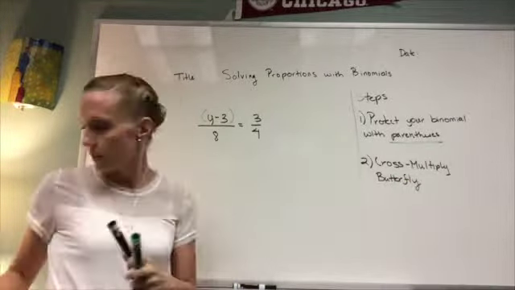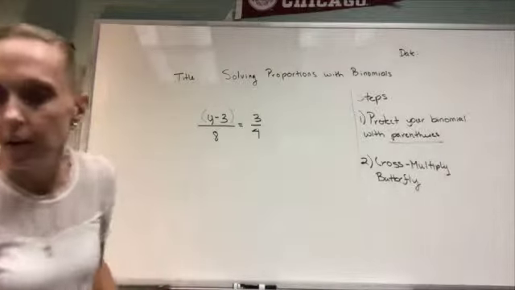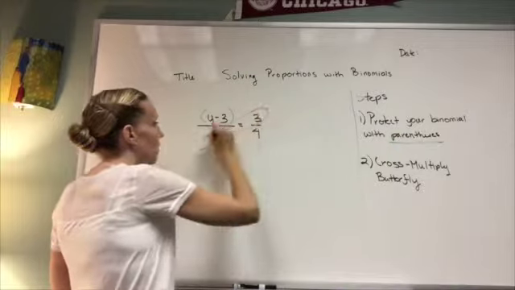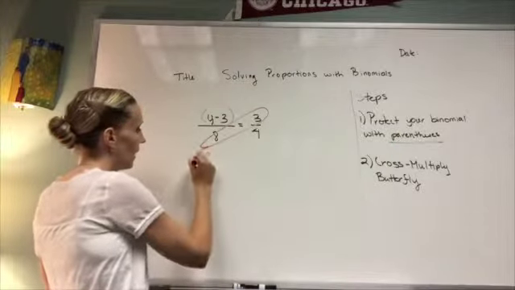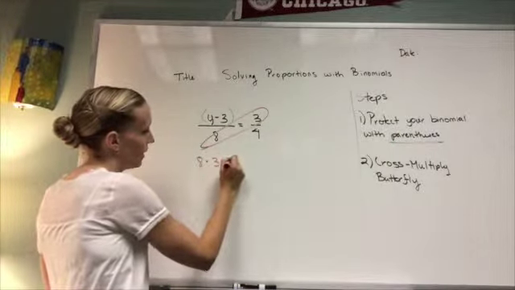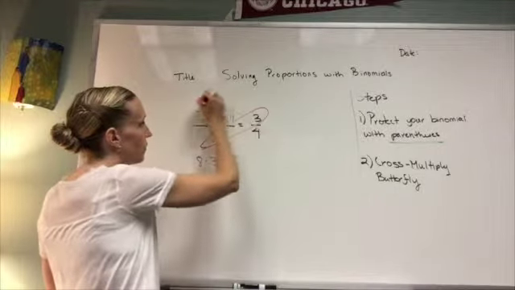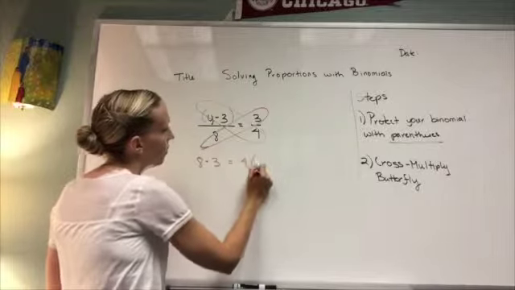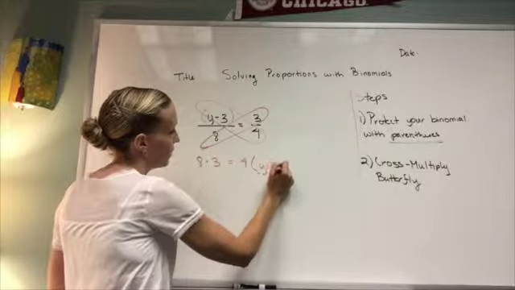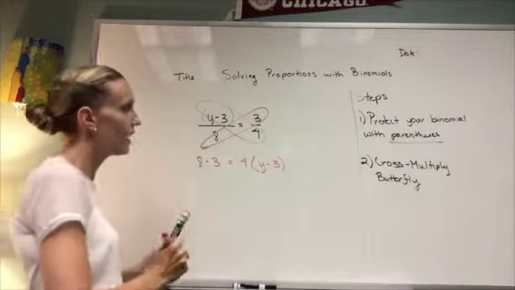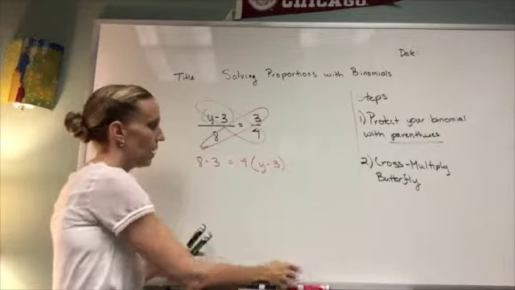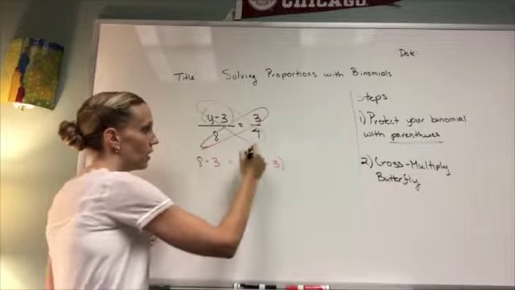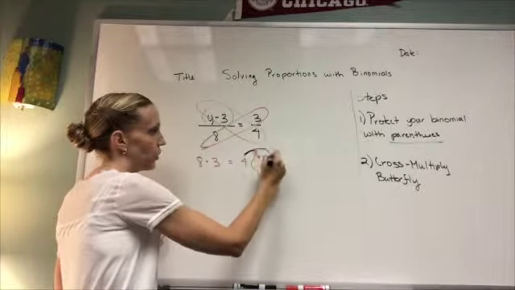So where's the red marker? That means that 8 is going to be multiplied by 3. So I get 8 times 3 equals, and then I'm going to do 4 times this binomial. How I write that is 4 parentheses y minus 3. That's why I had to do the parentheses, because I have to distribute this 4 to each term.